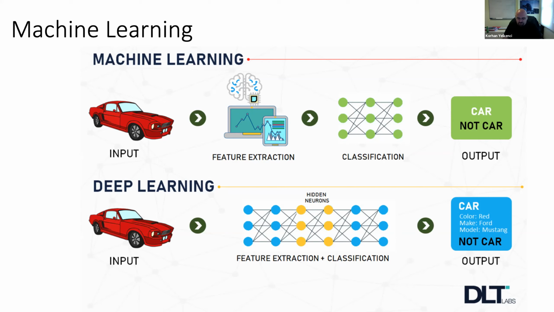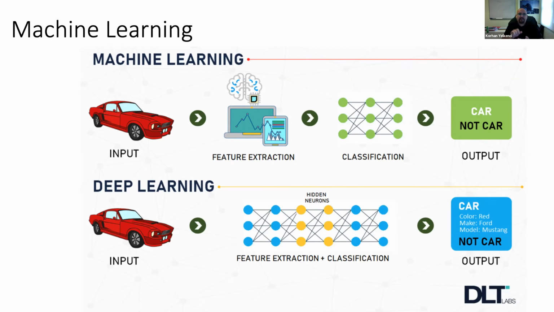Also, in classical machine learning, we need features in advance. So we should know there is a car, there is an apple, and so on. Before building a model, we first should analyze which kind of features we need for that input, a very crucial process.